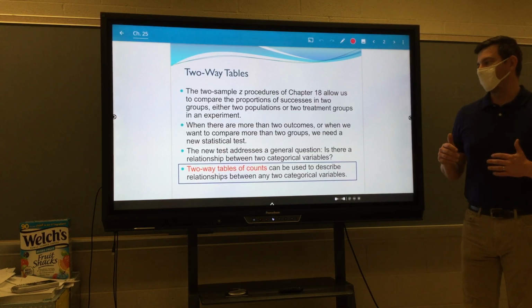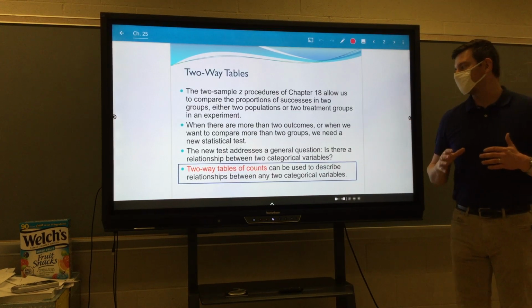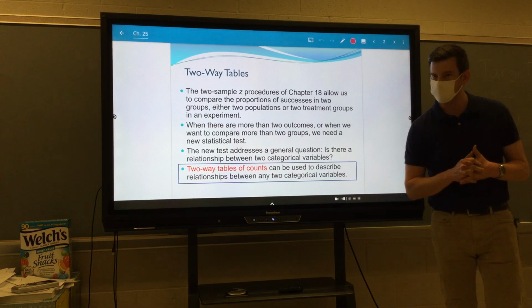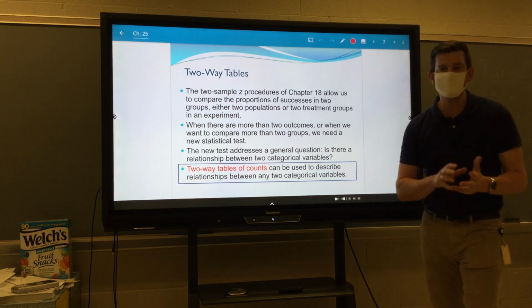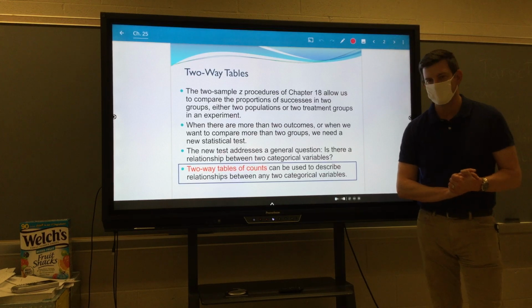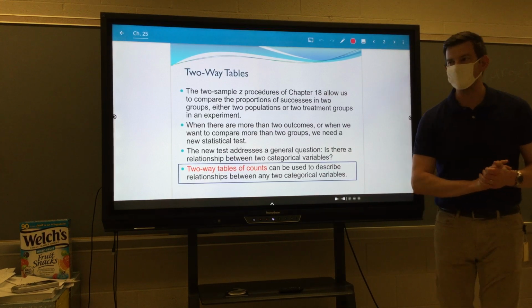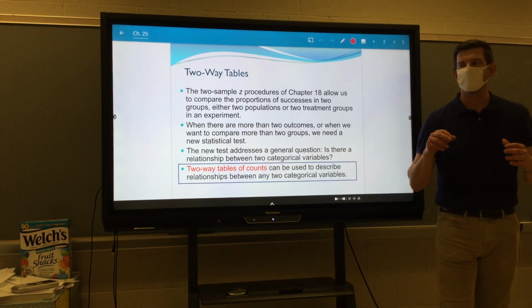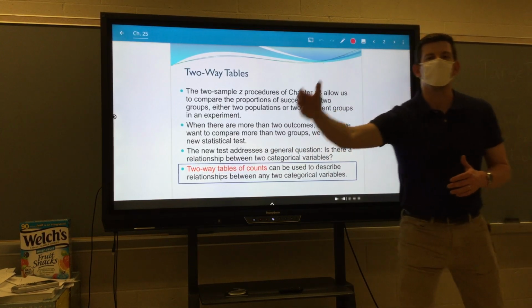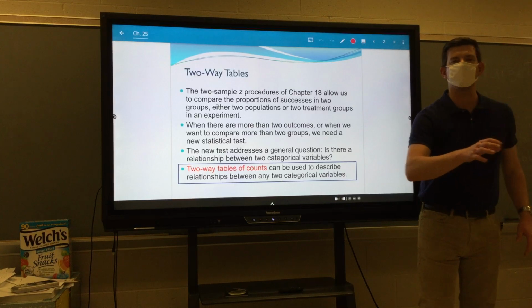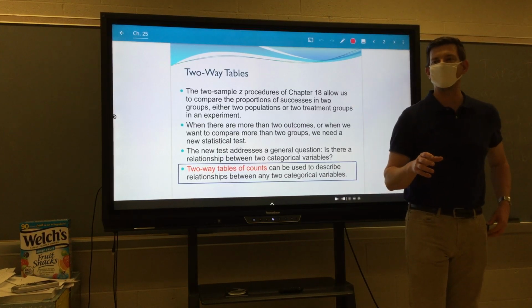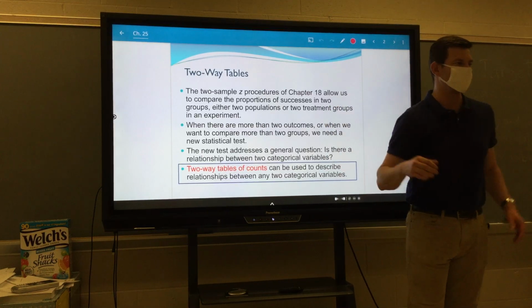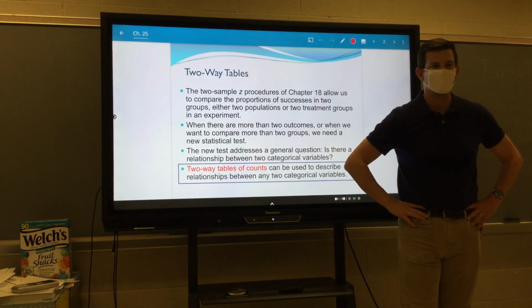The limitation, though, is when there are more than two outcomes, or when we want to compare more than two groups to each other, we need a new statistical test. Otherwise, we have different p-values. Like, we were comparing the male opinions to the female opinions in a lot of these groups. Or we had a younger category and an older category that we were comparing against each other.